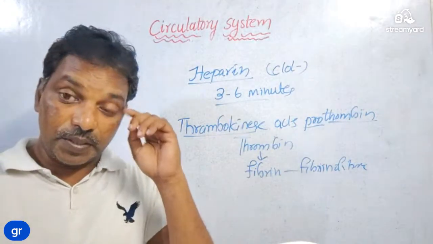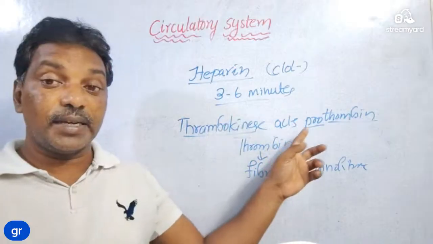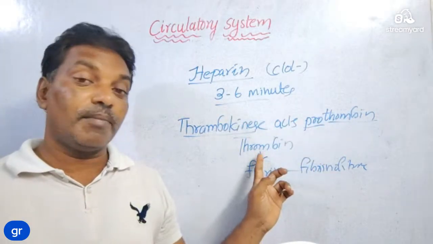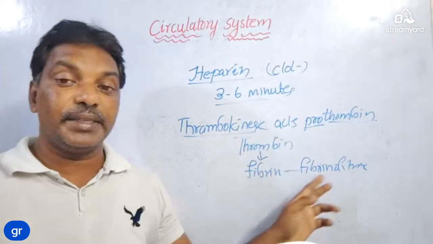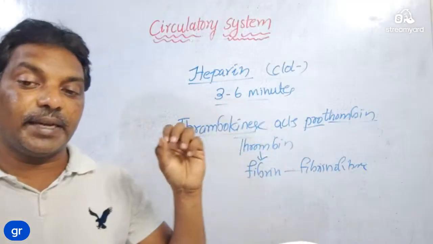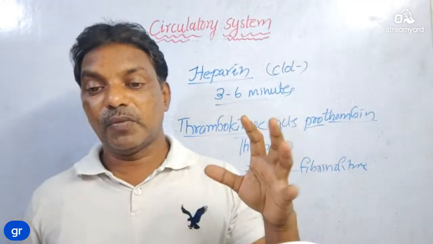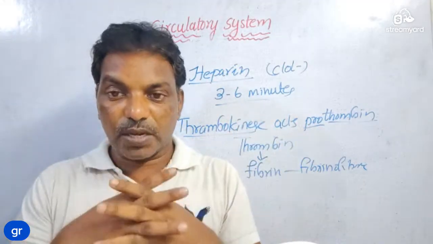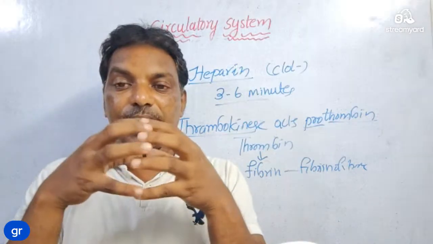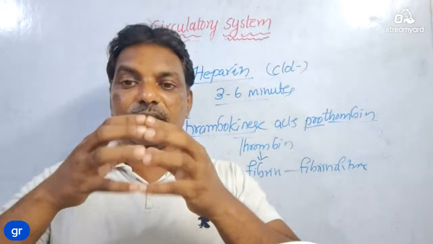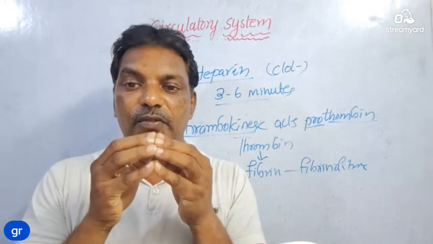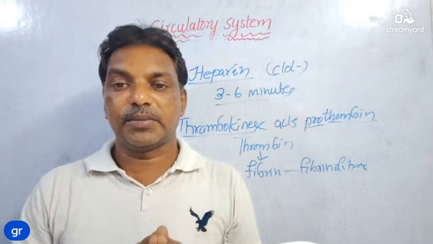So thrombokinase acts on prothrombin, changing it to thrombin. Thrombin acts on fibrinogen, changing it into fibrin fiber. Then it pulls the edges of the wound to stop the flow of blood. These are the fibrin fibers. It will stop the flow of blood within 3 to 6 minutes.